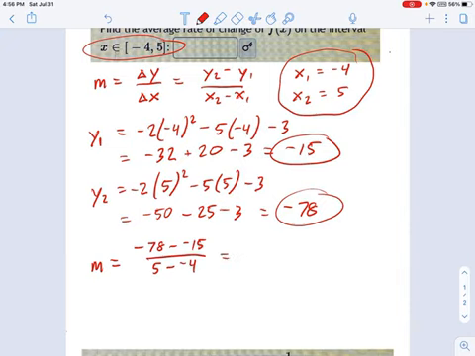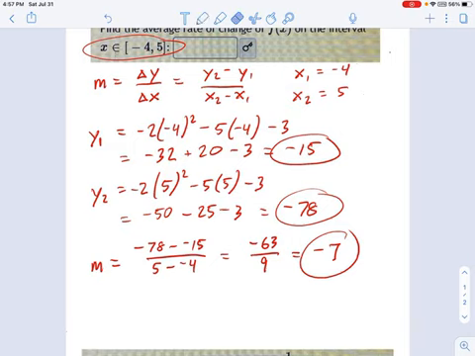So -78 minus -15 is going to be -63. And 5 minus -4 is 9. That looks like -7. It won't always be a nice round number, but sometimes it is. So that is our final answer. We would say the slope equals -7.